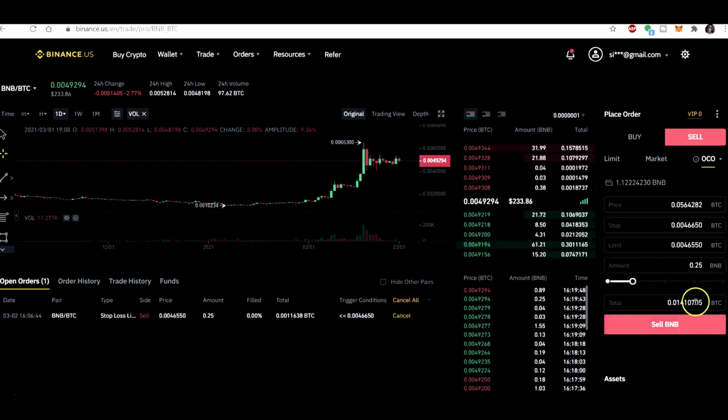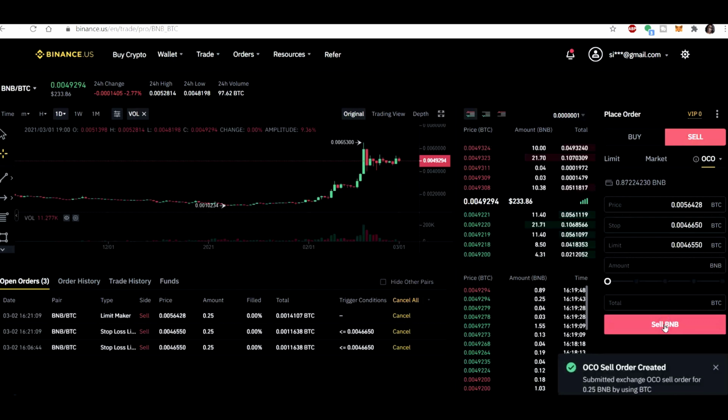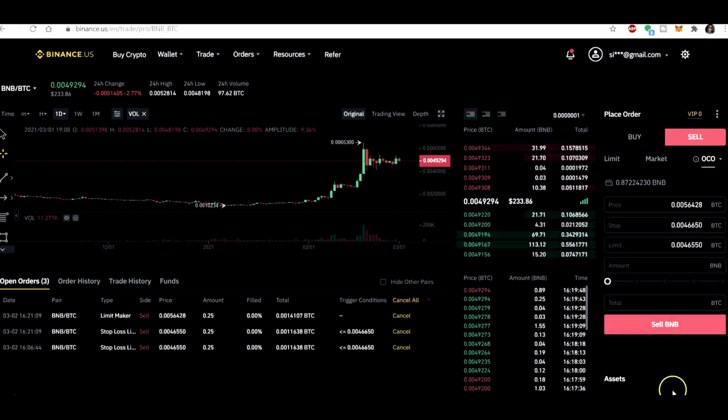Okay, that message says something is wrong with this figure. So let's make sure we've got it right. 0.00, okay. And there it creates our order and it places it right in here again. So with our OCO order, it sets up two separate orders.